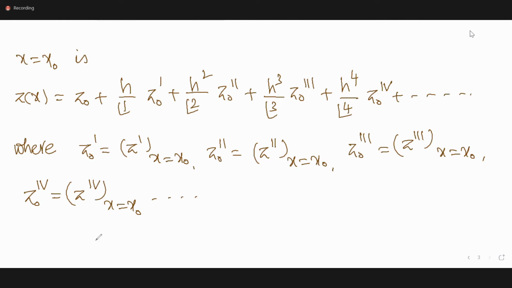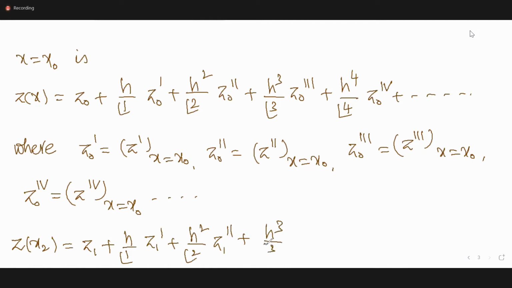So what is the expansion of z2, that is z of x2? z of x2 is z1 plus h by 1 factorial z1 dash plus h square by 2 factorial z1 double dash plus h cube by 3 factorial z1 triple dash plus h power 4 by 4 factorial z1 fourth derivative, so on. So this is the expansion of z2 in terms of z1.